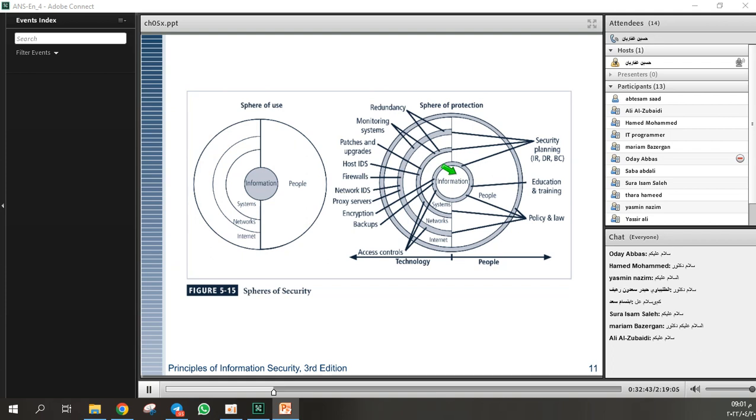We are trying to talk about information security, so information is placed in the center of these spheres. But the most interesting item in these charts is that half of these spheres is related to systems, networks, and internet, and the second half is related to people.